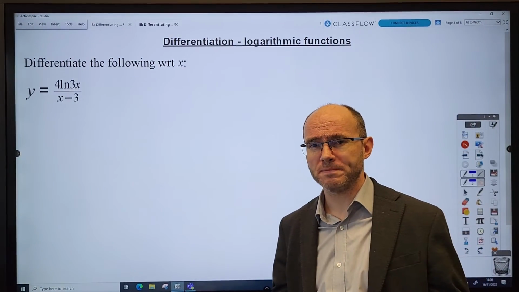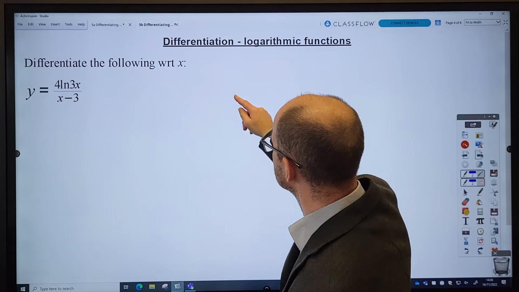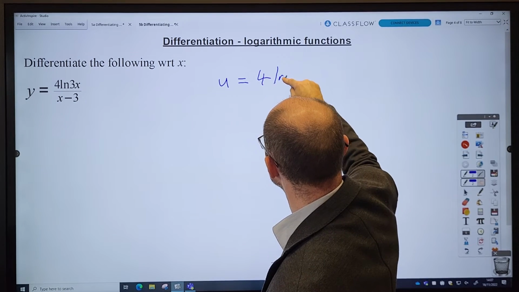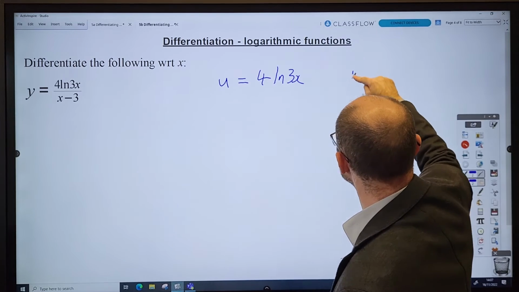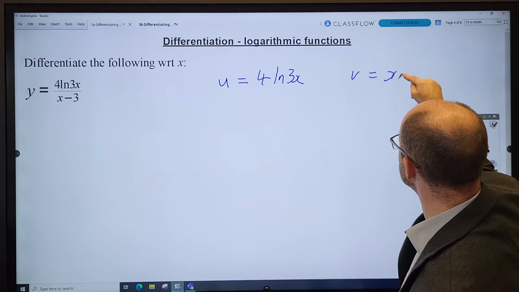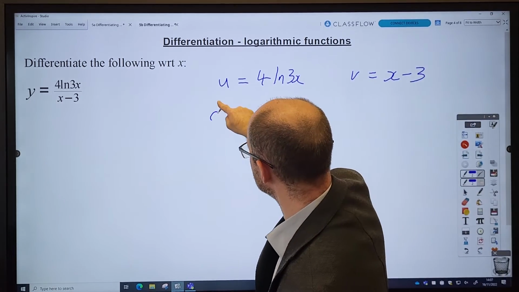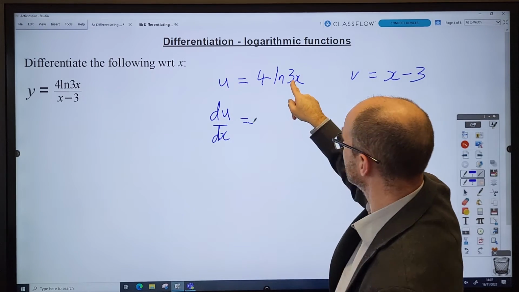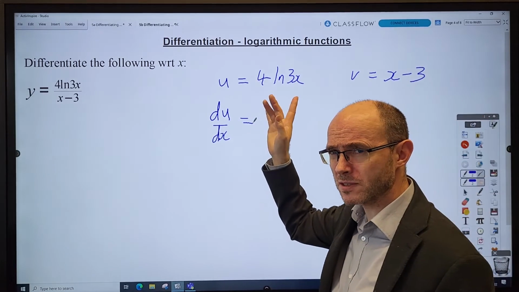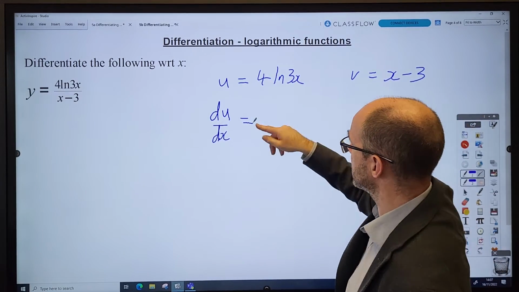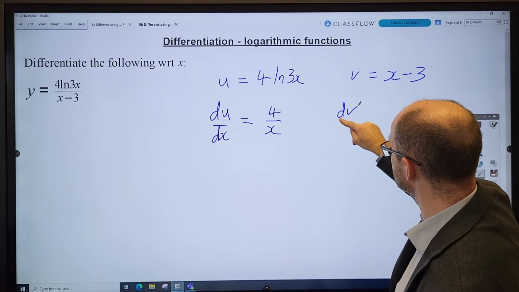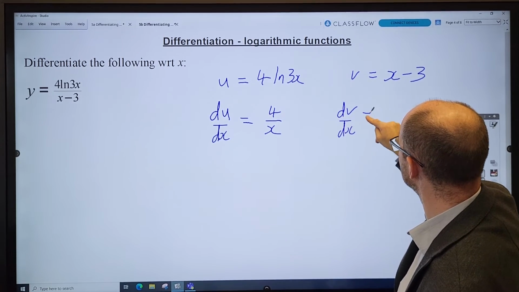Last example I have for you, quotient rule example. So you have to use u as the numerator, 4 natural log 3x, and v as the denominator, x minus 3. And then you'd have du/dx is equal to, and then here, well, when you differentiate natural log 3x, you're just going to get 1 over x, so times by 4, 4 over x, and then dv/dx is equal to 1.